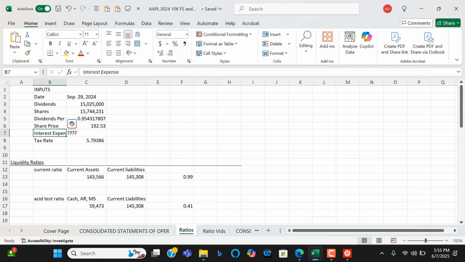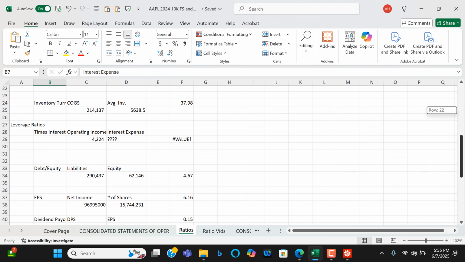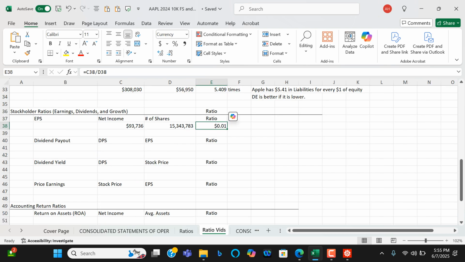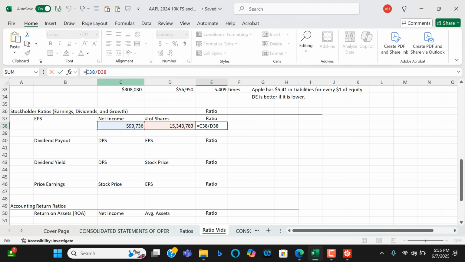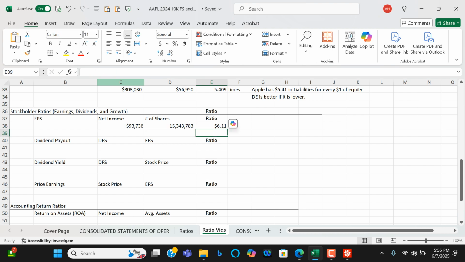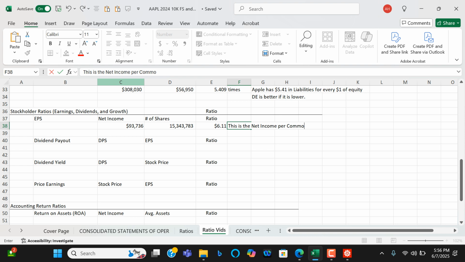Okay, so we're going to go back and take this earnings per share way down here, and multiply the result by 1,000. Make sure to put the parentheses around that. Multiply by 1,000, and you got $6.11. Okay, so I'm just going to say this is the net income per common share.